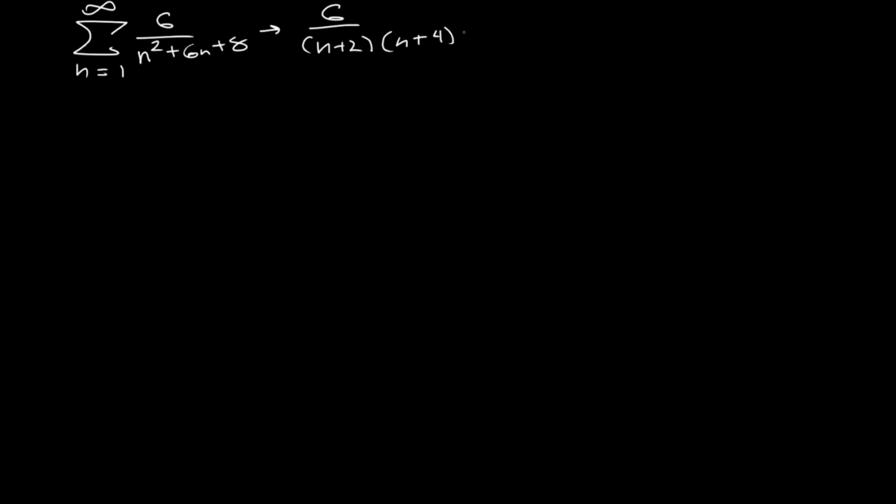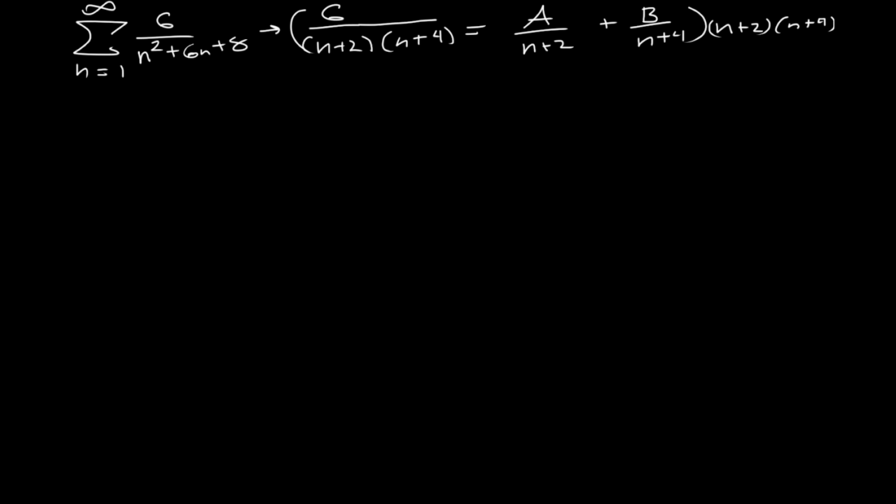Next, we need to turn this into two different fractions by using partial fractions. You can do this by setting this equal to A divided by the smaller factor, n plus 2, plus B divided by the larger factor, n plus 4. And then we multiply the whole thing by n plus 2 and n plus 4.